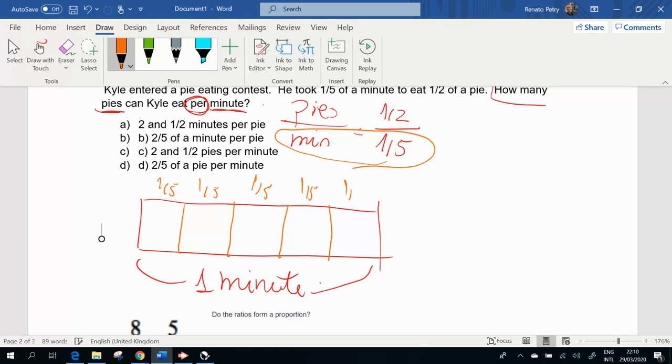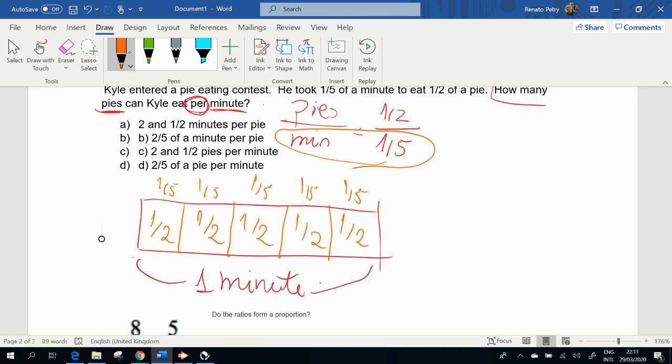If in every 1/5 of a minute he ate half a pie, I'm going to put here half a pie, half a pie, half a pie, half a pie, and half a pie. Let me erase these 2. This is really bad.